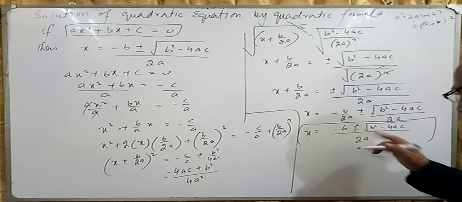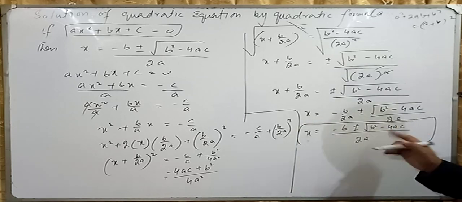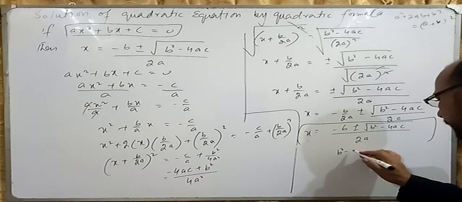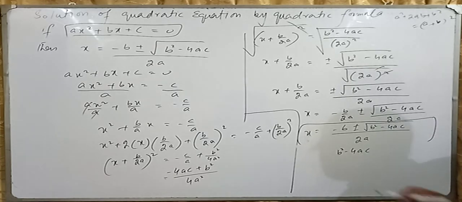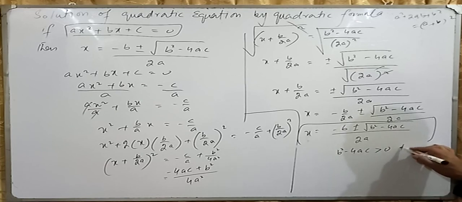But you need to understand, this is called the discriminant, jazr. So if b square minus 4ac, the discriminant, is greater than 0, we have two real solutions.